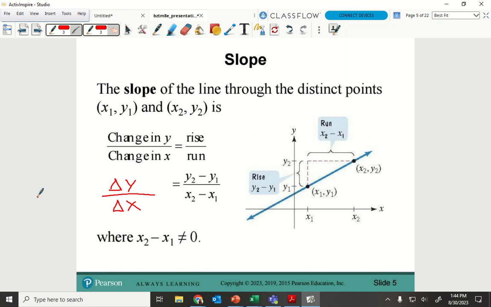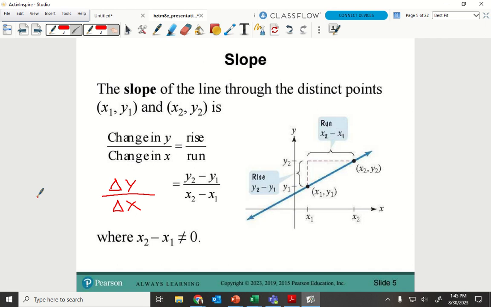So it still comes up as delta y over delta x. All right, so as we're going through here, delta y, delta x, where x2 minus x1 cannot equal 0.